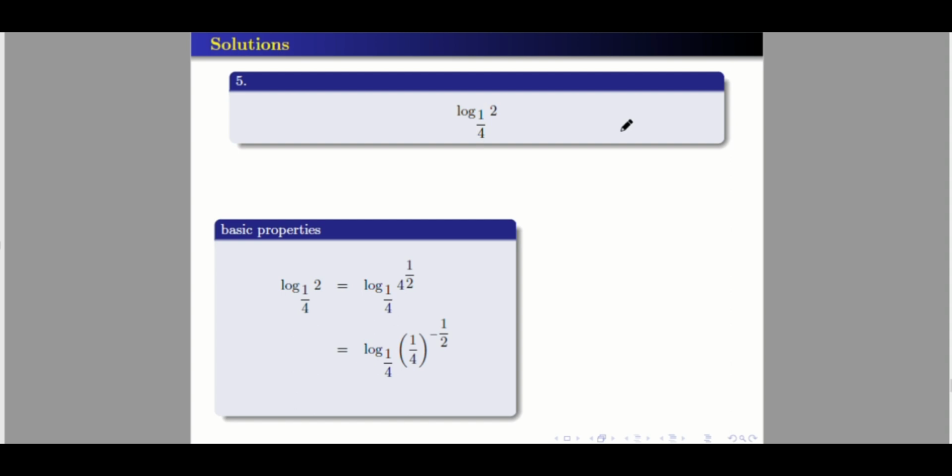So the sign of 1/2 will become negative 1/2. Take note, 4 is equal to 4 over 1. So we have 1/4, and then the exponent is negative 1/2. So we can now apply property number 2, log of b raised to x base b equals x. So therefore, this is equal to the exponent, negative 1/2.